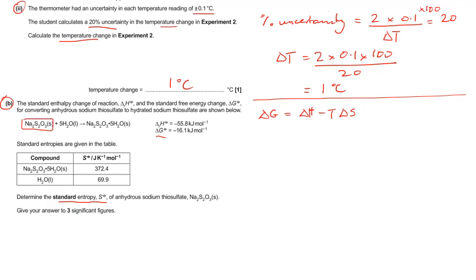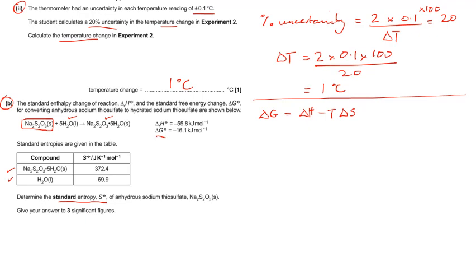The entropy of that one. We're given the entropy of water, and we're given the entropy of hydrated sodium thiosulfate here and here. So when we come to work out delta S, we've got 2 out of the 3. If we knew what delta S is, then we could work out the standard entropy of anhydrous sodium thiosulfate. So how do we get delta S for the reaction?